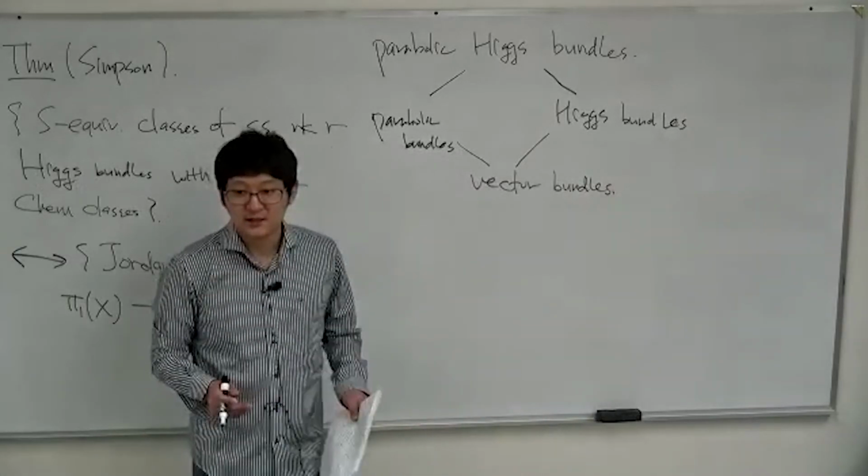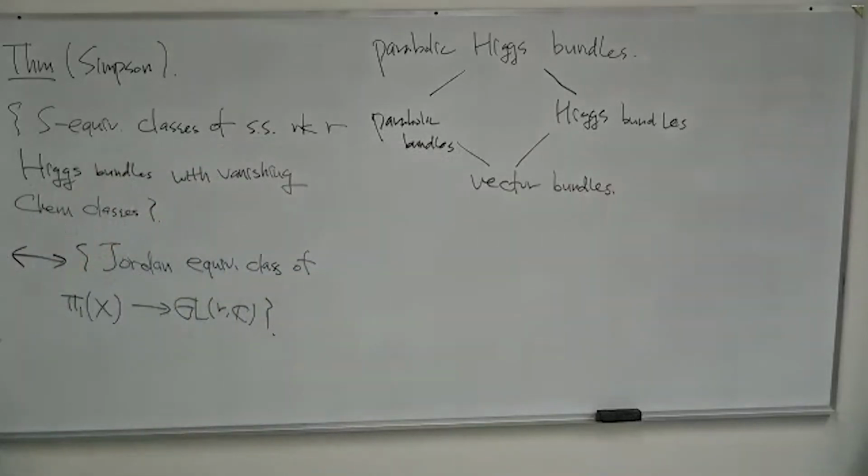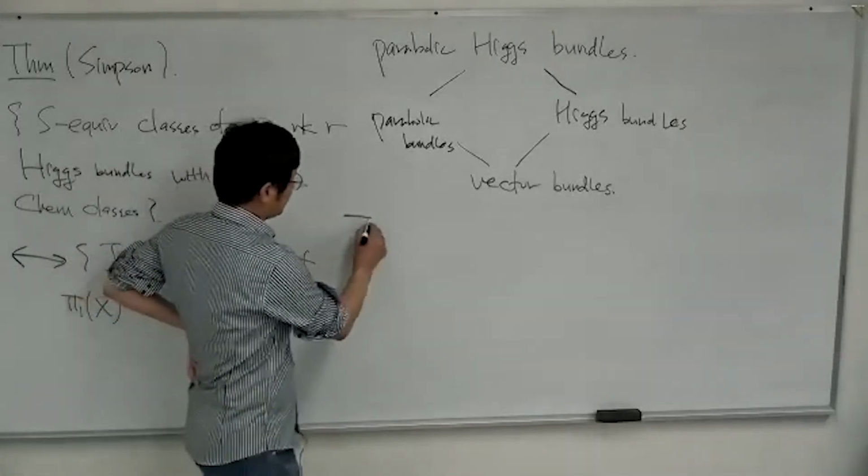Okay, is there any question? If usual stable bundles are in one-to-one correspondence with unitary representations, then parabolic bundles without the Higgs field are in correspondence with what? They are representations of the orbifold fundamental group.